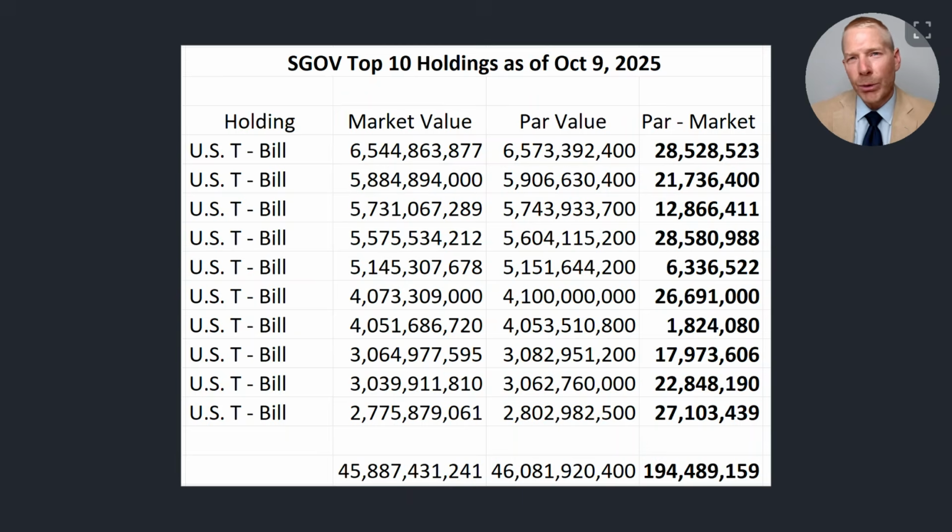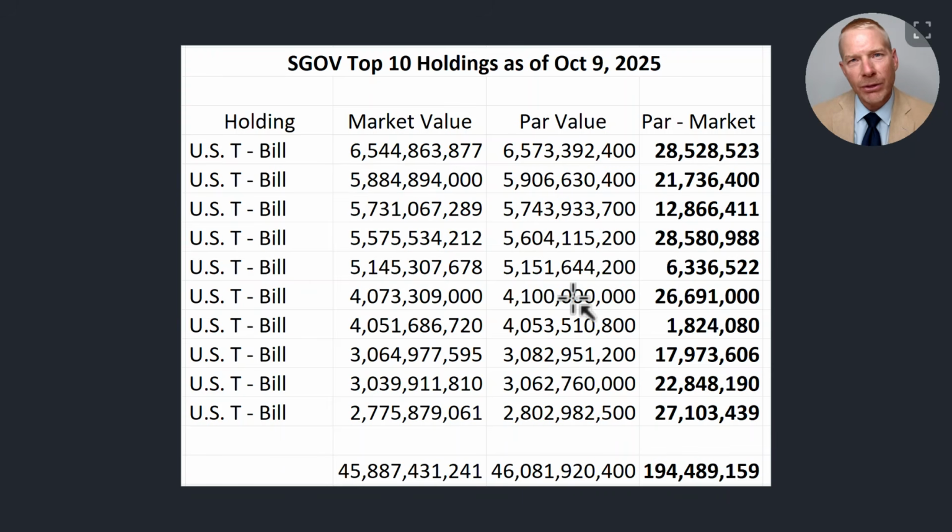This table shows us the difference for the par value versus the market value of the top 10 holdings for SGOV as of October the 9th, 2025. If we subtract the market value, which is what influences the share price, versus the par value, which is what these securities will come due at, we see that there is nearly $200 million of difference for the top 10 holdings, $194.4 million.